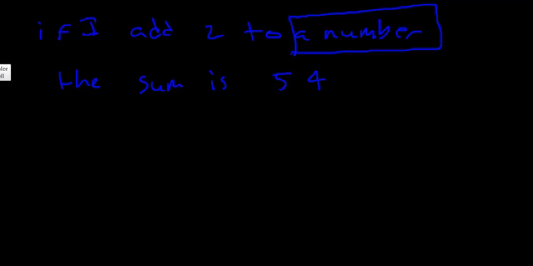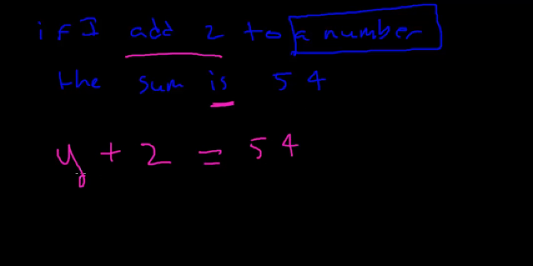Just for the sake of getting you used to using different variables, I'm going to use Y in this case. Could use X, could use Z, could use W, could use a picture of a dog, could use a happy face, whatever we wanted to, as long as we can keep track of this variable. So if I add 2 to a number, there's my number, we're going to add 2 to it. So plus 2. The sum, and the sum just means when I add these two together, I sum them up, is, there's another key word, is 54. So there we go. The sum of a number and 2 is 54.